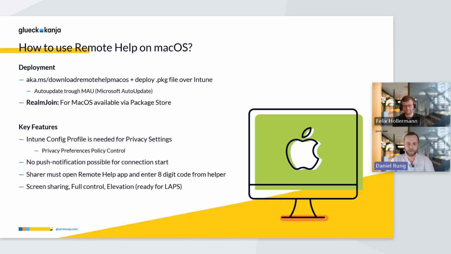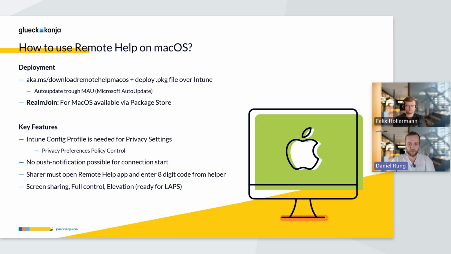So macOS is a little bit different, but most of the parts are similar. There's also a download link from Microsoft where you can download the most current version of the Remote Help app as a PKG file.